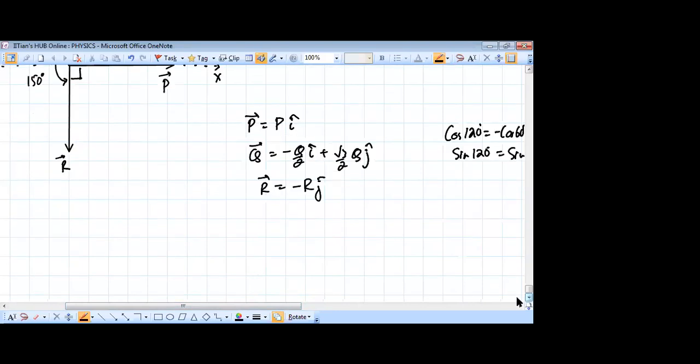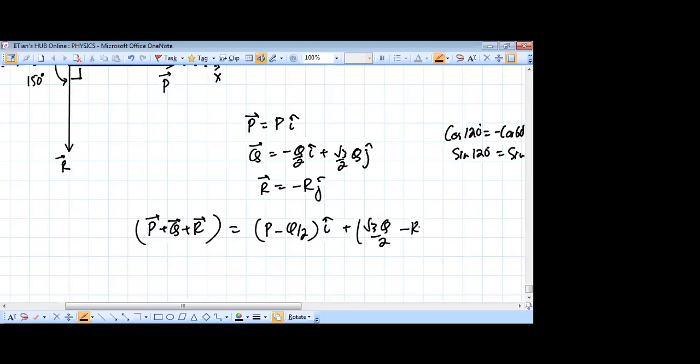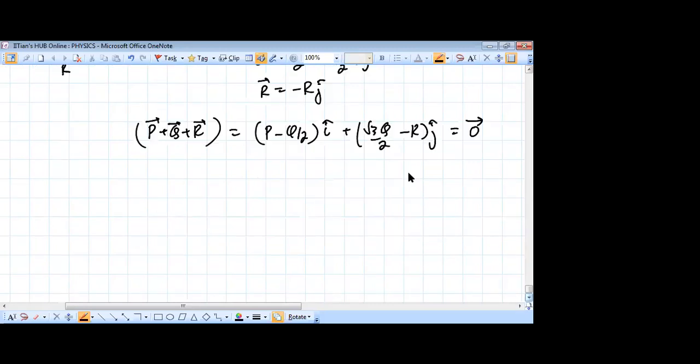So P plus Q plus R from this, you can see it's becoming P minus Q by 2 I cap plus root 3 Q by 2 minus R J cap, and this should be a null vector. So this is a null vector, that means each of the components is 0.